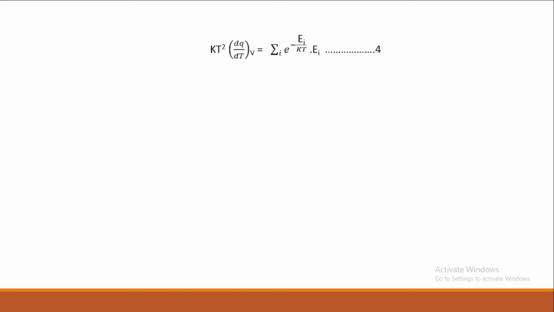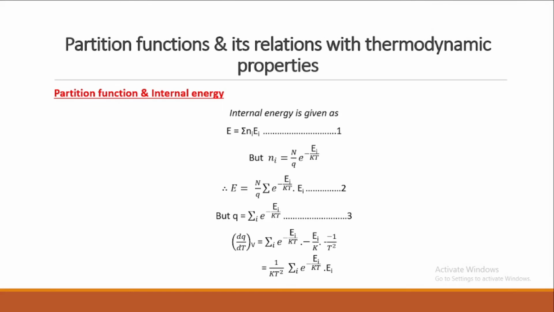So kT square into dou Q by dou T at constant volume is equal to sigma i into e raised to minus Ei by kT into Ei. So that is the equation.